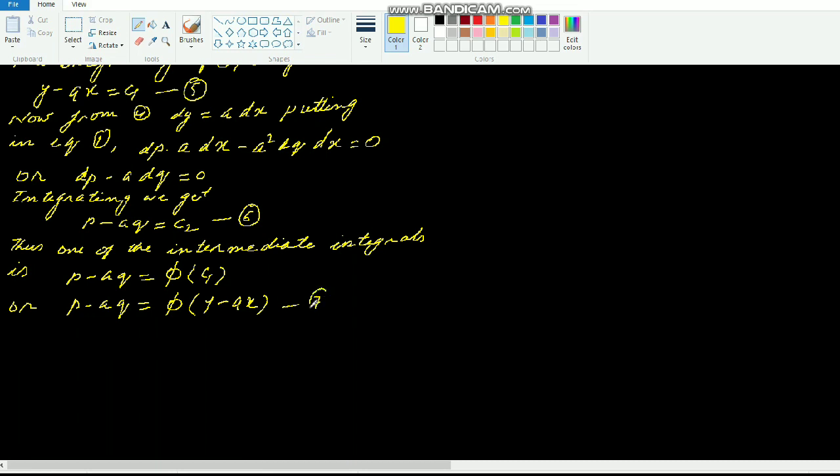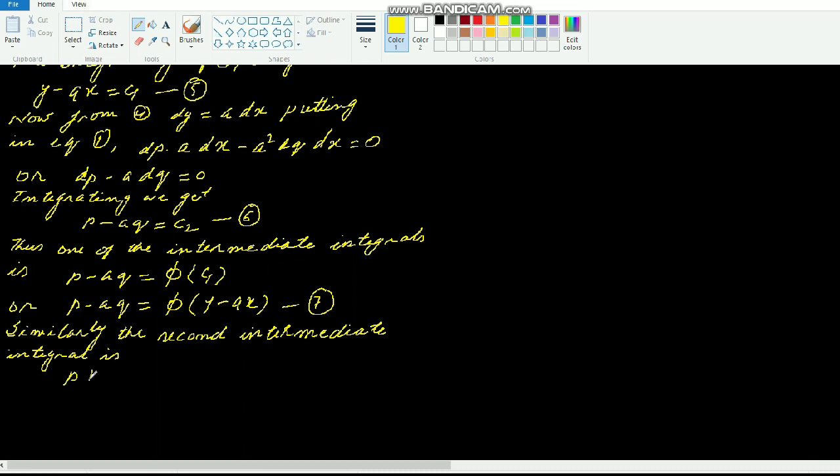Let it be equation number 7. Similarly, the second intermediate integral is p plus aq is equal to f of y plus ax. Let it be equation number 8.